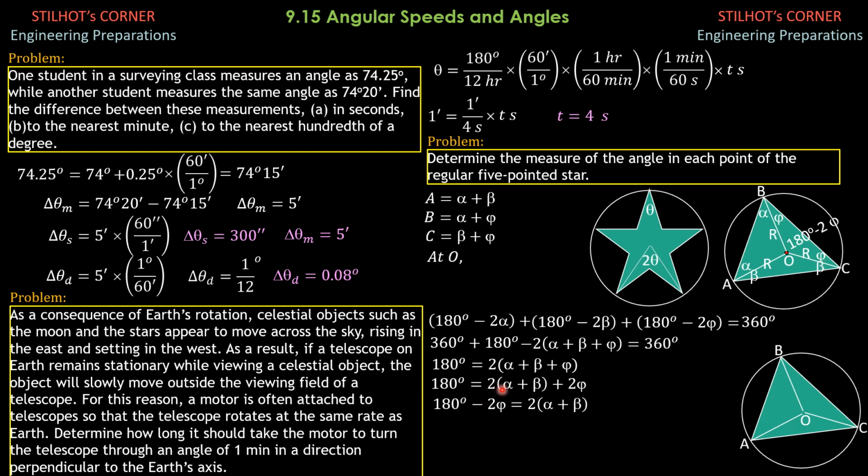And from this relationship, 180 degrees minus 2 alpha would be this angle here. So that in general, if this is angle A, this is 2 times angle A. If this is angle B, this is 2 times angle B. And if this is angle C, then this angle is 2 times angle C. So that's the relationship.